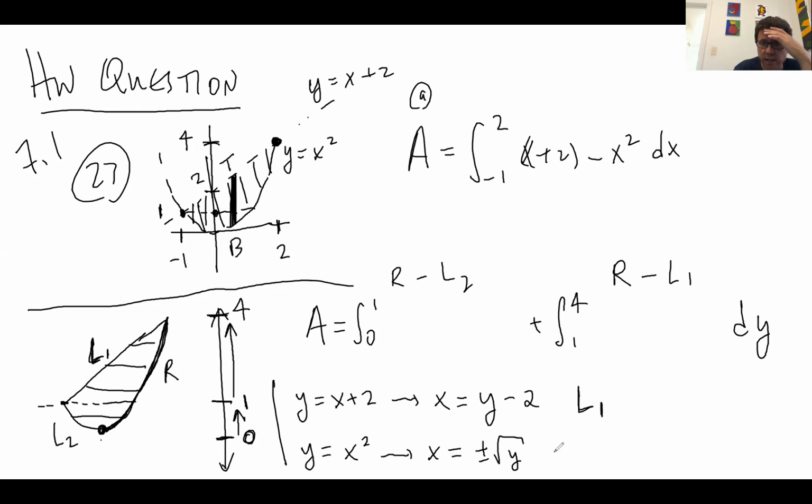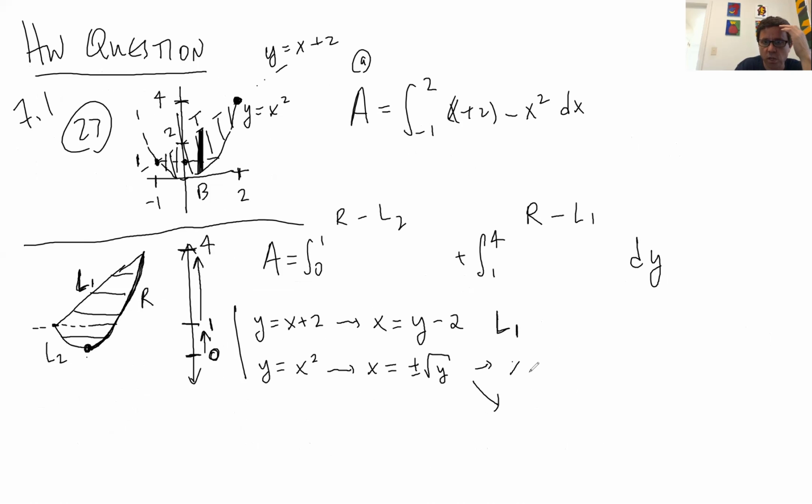You can either do x equals the positive square root, and that is where x and y are all positive. So I'm in the first quadrant. That's the right curve. That's R in my picture.